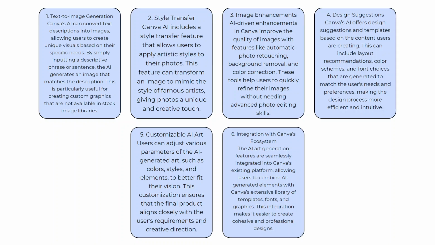This is particularly useful for creating custom graphics that are not available in stock image libraries. 2. Style transfer. Canva AI includes a style transfer feature that allows users to apply artistic styles to their photos. This feature can transform an image to mimic the style of famous artists, giving photos a unique and creative touch.